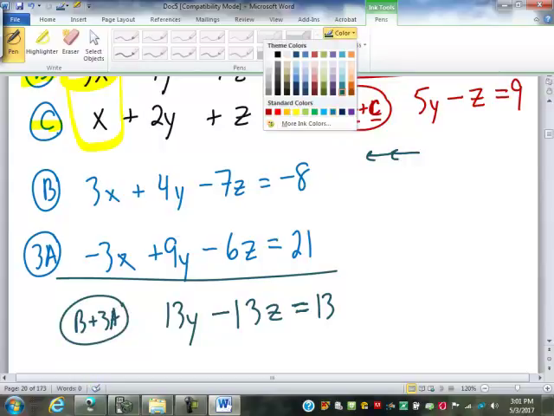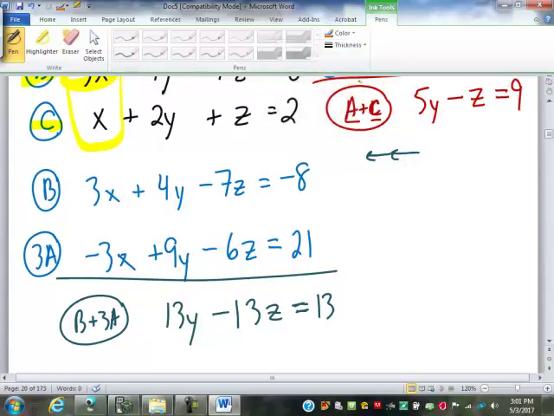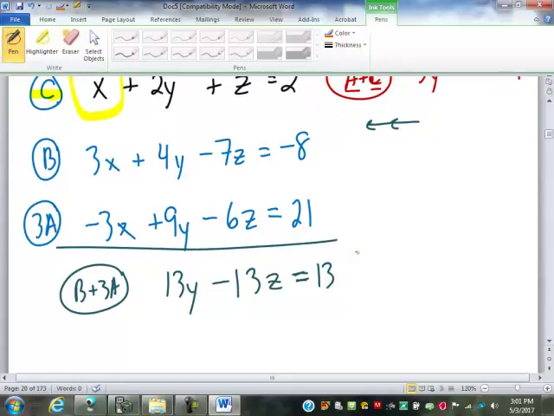Now when I look at this one, every number here is 13, so I can reduce it by dividing by 13. 13y divided by 13 is just y. Negative 13z divided by 13 is negative z.